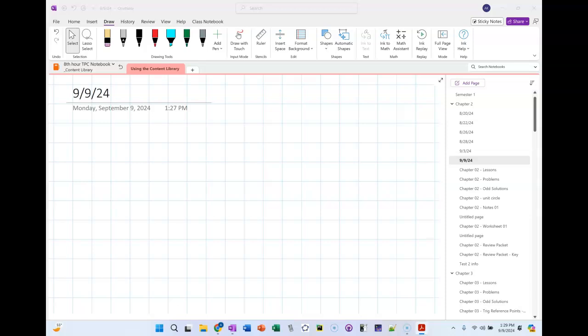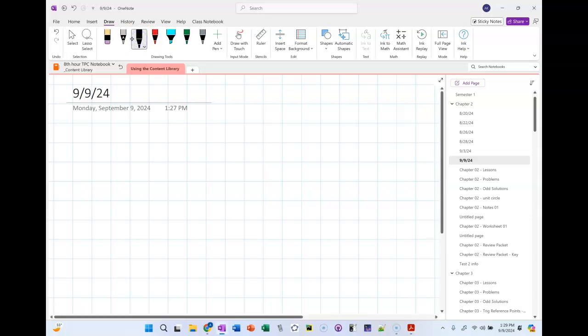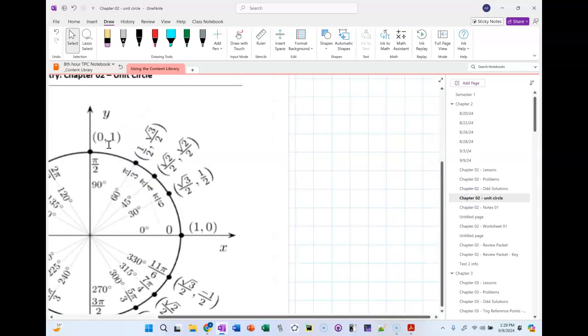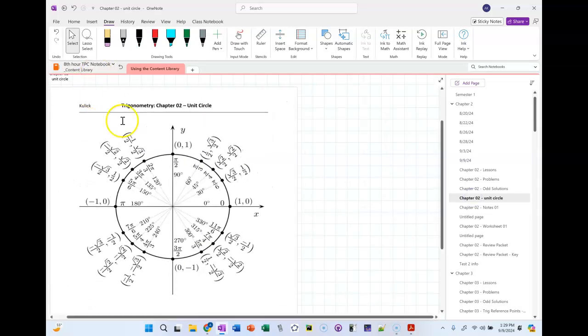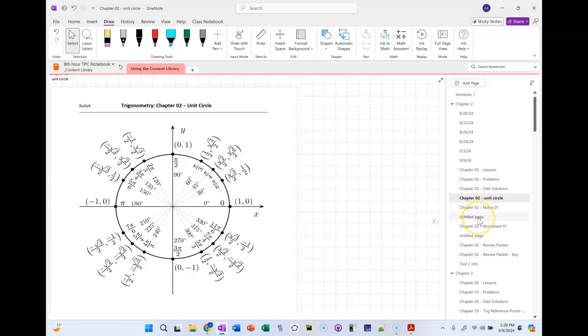Pi over 2. What about it? So it says secant theta is greater than 0.